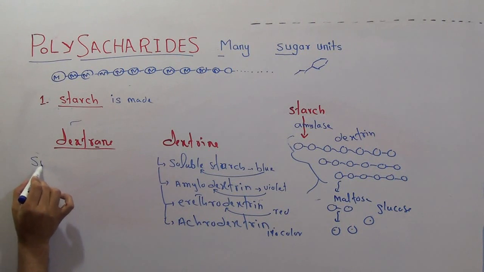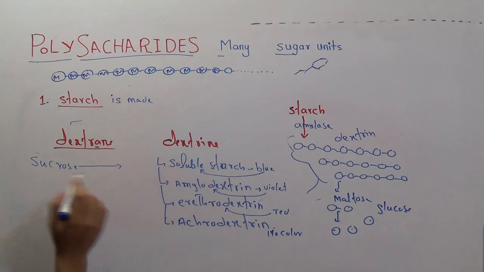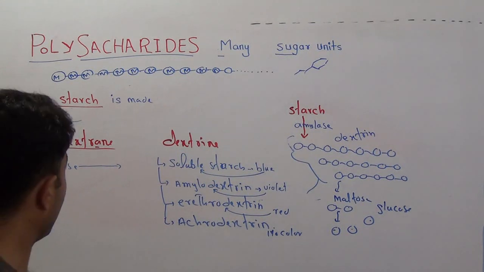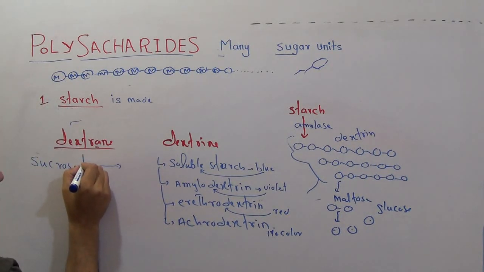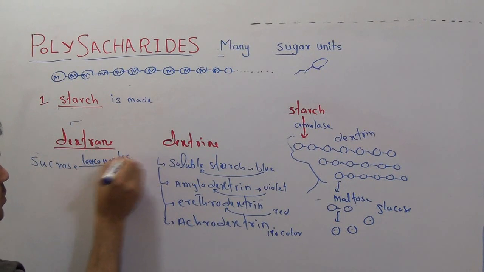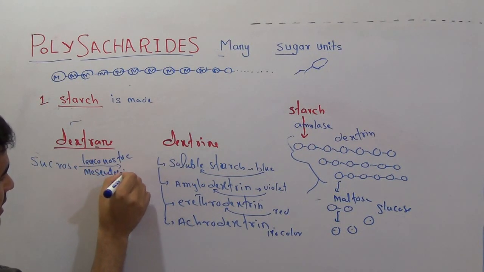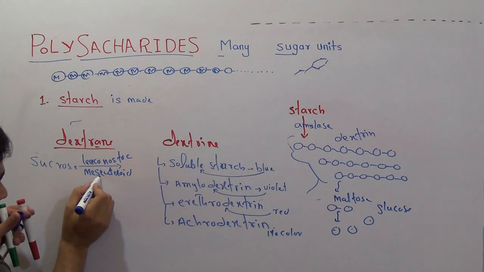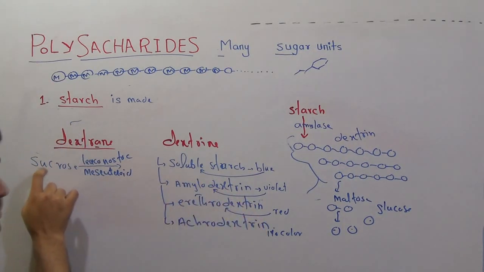If you take sucrose and add a bacteria to it, there is a special bacteria called Leuconostoc mesenteroides. Here is the name of the bacteria, and that bacteria will give us a new polysaccharide from that sucrose.